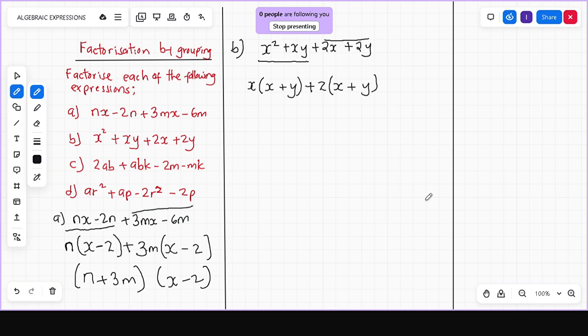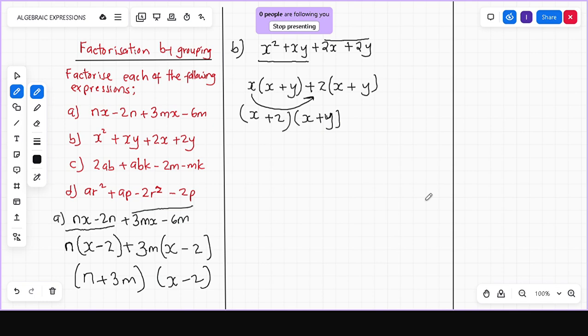So take this x plus these 2, take whatever is outside the brackets and combine them. We're going to have x plus 2 as the first bracket. Then the second bracket, just take one bracket, x plus y. And this is the answer. It is just as simple as this.